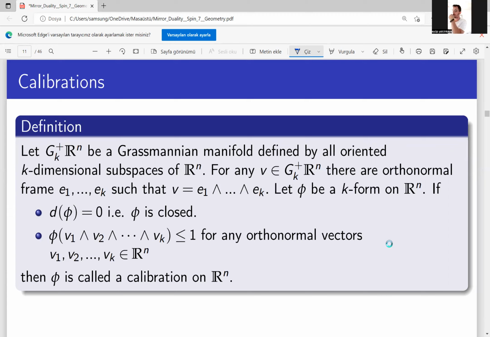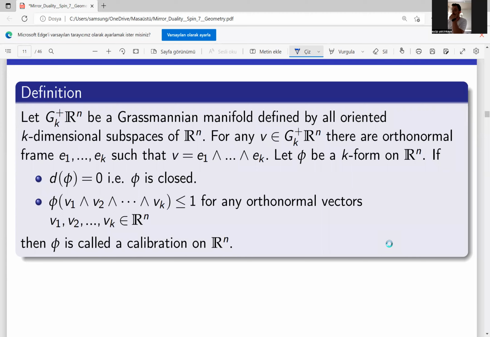Actually, the very simple cases you can see in higher dimensions. It's not so simple, but you can feel it from, for instance, G1 of R3, the oriented one. This plus means oriented. You don't need to take both of them.